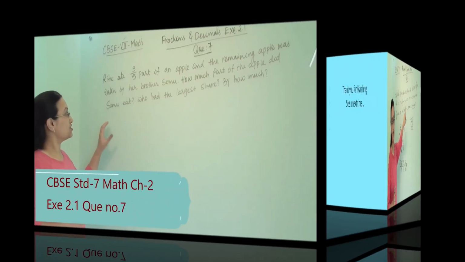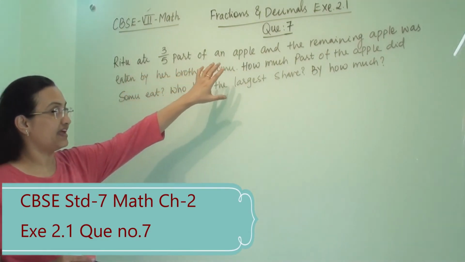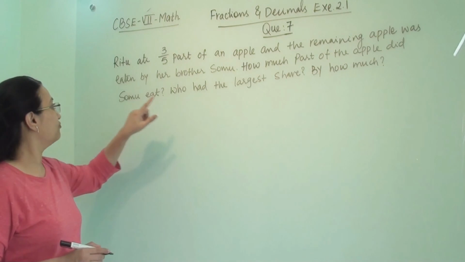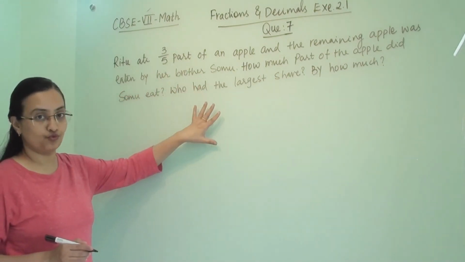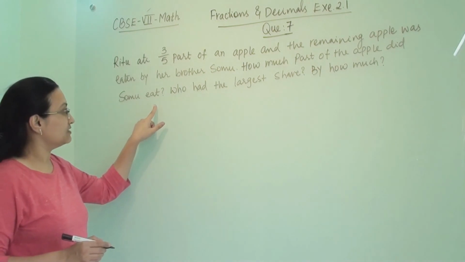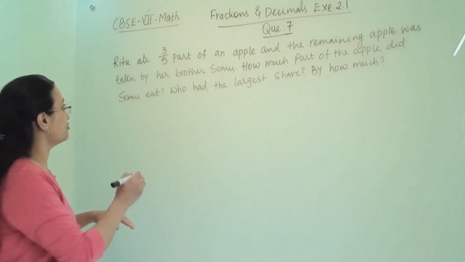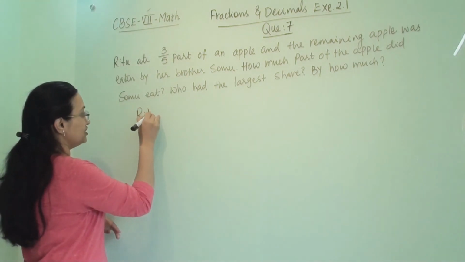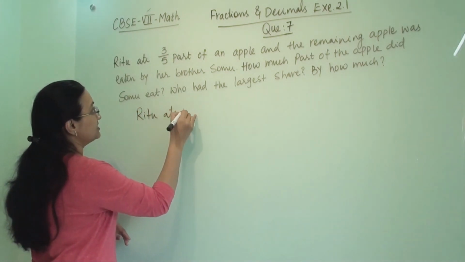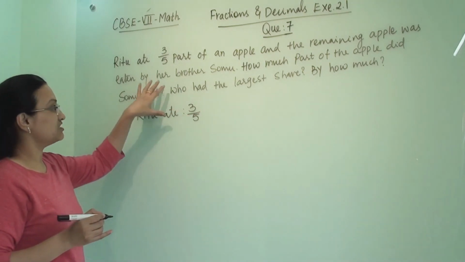Question number 7. Ritu ate 3 by 5 part of an apple and the remaining apple was eaten by her brother Somu. How much part of the apple did Somu eat? Who had the largest share and by how much? So first of all, Ritu ate 3 by 5 and the remaining portion was eaten by Somu.